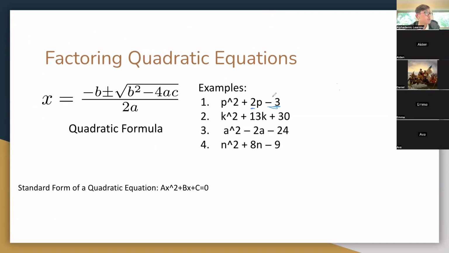So for this one, since c is -3, the two numbers would be 3 and -1, since they add up to +2. And then you would split the equation into p squared minus 1p plus 3p minus 3, and then you would just factor that out.